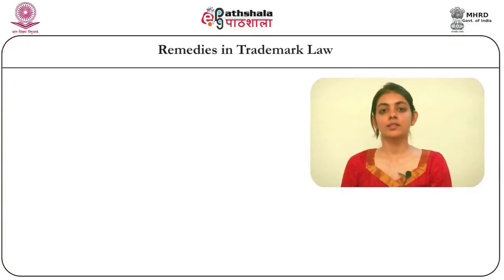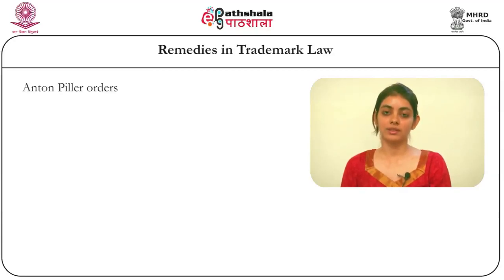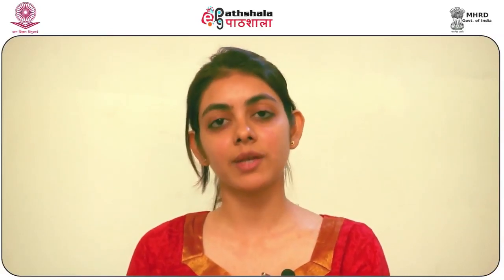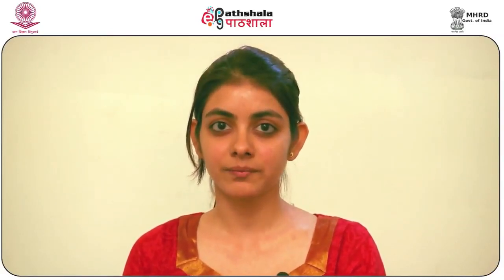The second interim relief that we will talk of today are called Anton Piller orders. Such orders also find mention in section 135 of the Trademarks Act as orders that help preserve evidence. What happens when a suit is filed? The defendant is made aware of the suit by the court.